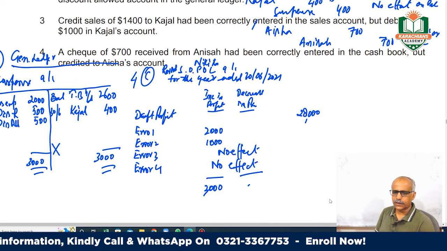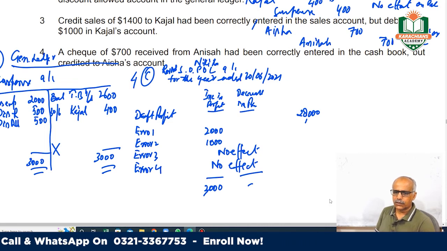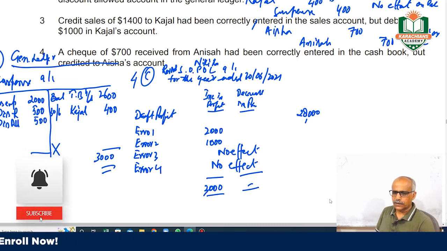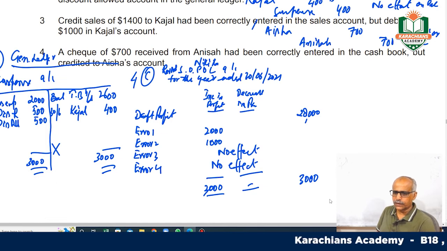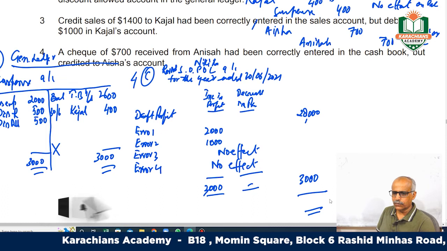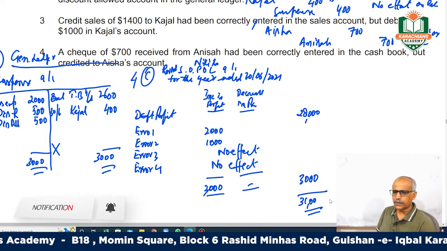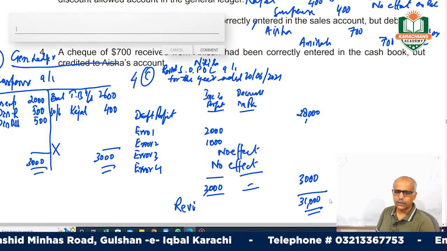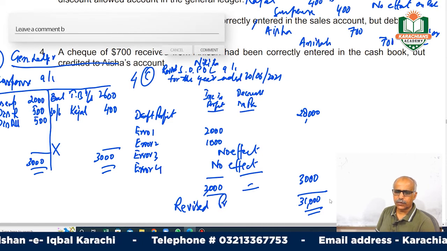And how much is your decrease? Nothing. So the net increase is 3000. So this is an increase in profit, so you will add it to 28,000, so your revised profit will be 31,000. So this is your revised profit.